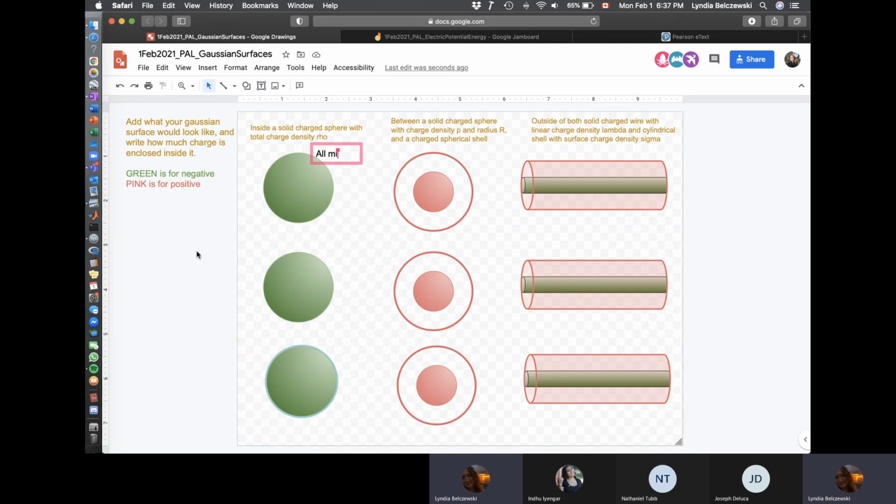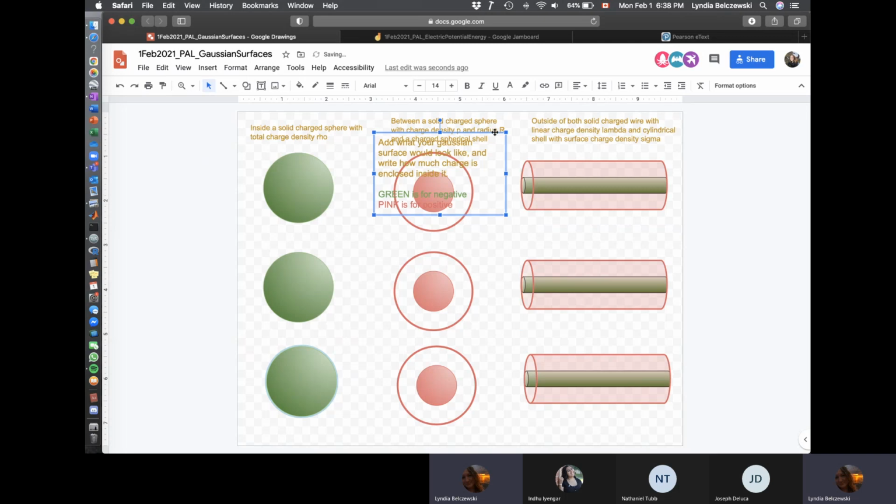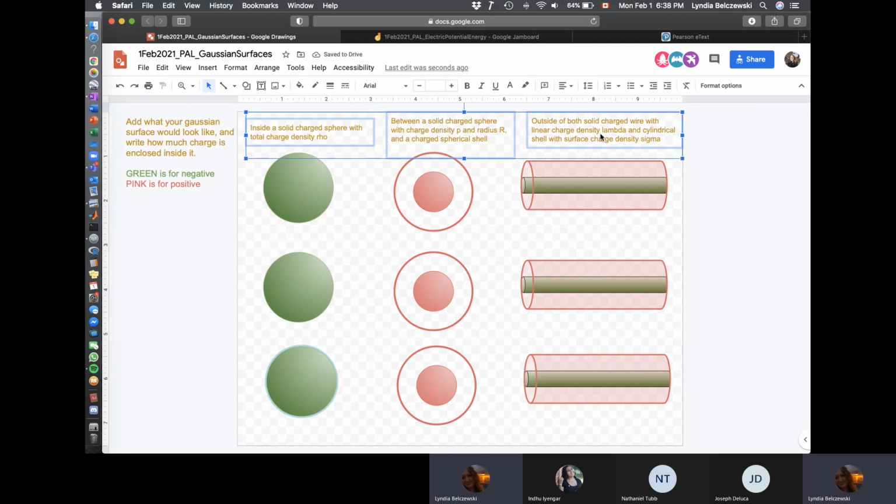Okay. So for each of these systems, what I want you to do is add to your diagram a Gaussian surface, an imaginary surface, is what I like to call them, that would allow you to calculate the electric field. And I've given you the regions. These 3 descriptions up here, that's where I want you to calculate the electric field for each of the 3 systems.